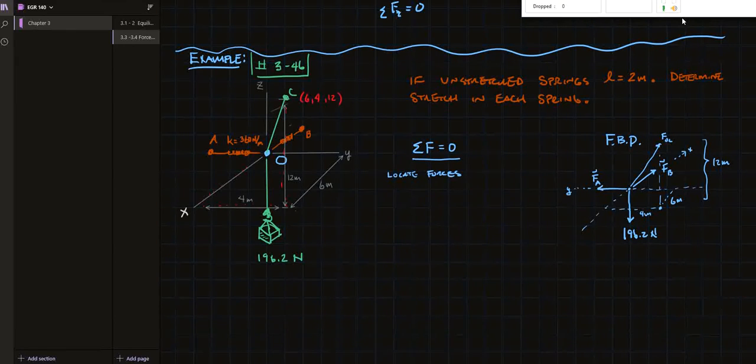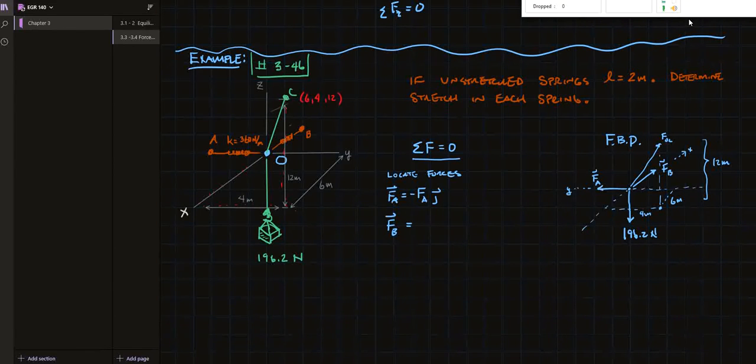So first we have FA, and that equals minus j times our force component in that direction, so minus force A times j.